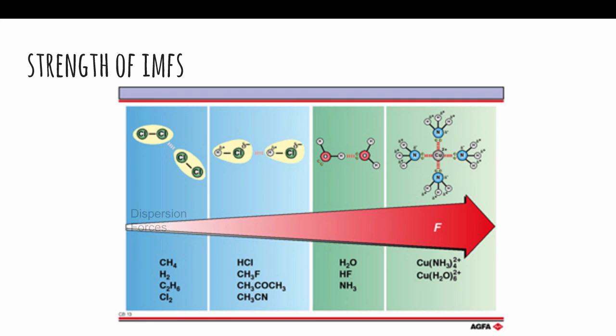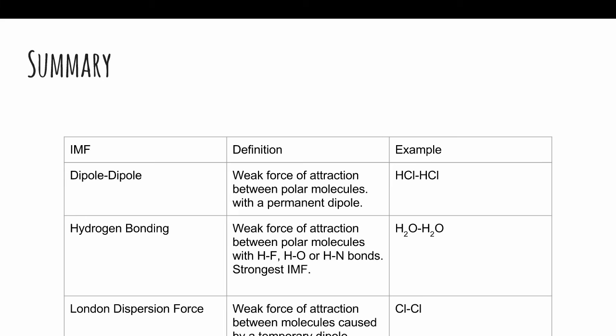All right, so reviewing, strength of the IMFs. Dispersion force is the weakest, and then dipole-dipole attractions are greater, and then the greatest intermolecular force is the hydrogen bond. We're not going to study that last one. All right, in summary, dipole-dipole attractions are a weak force of attraction between polar molecules with a permanent dipole. Hydrogen bonding is a particular kind of dipole-dipole.